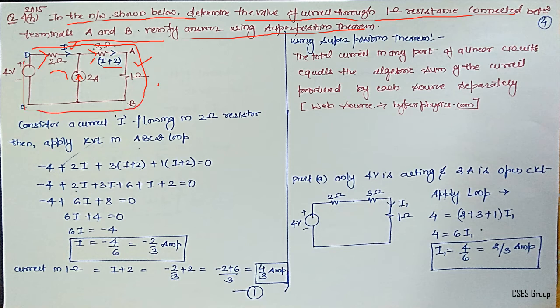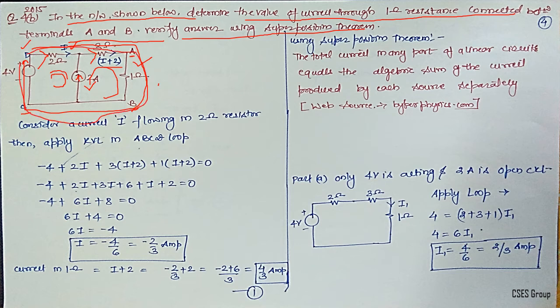So let us write the KVL loop equation for this complete loop. What is the loop? It is A, then you are going to B, then C, and then D. You cannot write the loop equation for the inner loops because you have a current source. Whenever there is a current source, you cannot write the voltage across it. Hence I am considering the outer loop.